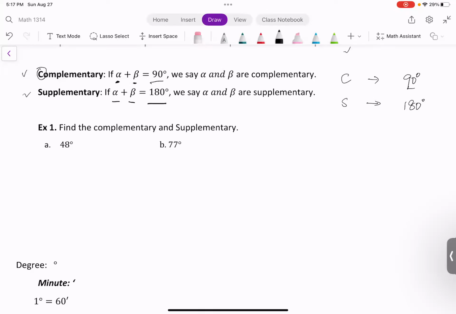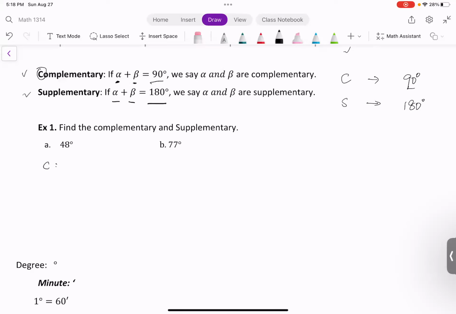All right. Example one: find the complementary and supplementary of the following angles. Number 8, we have 48 degrees. For example, we call this theta, and then what is theta prime? We use another symbol to represent the complementary.